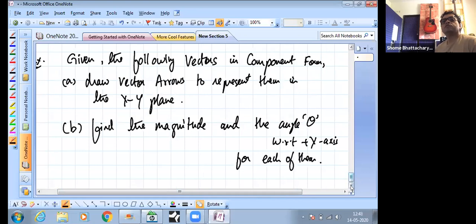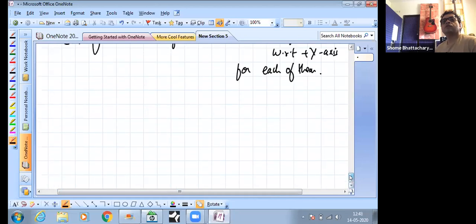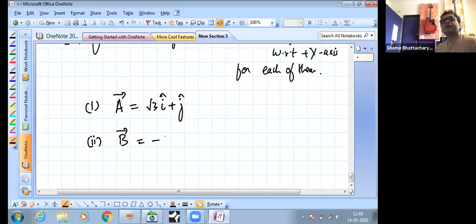Okay. So now I'm giving you the vectors. The vector E is root 3 I cap plus j cap. The vector B is minus 20 I cap plus 15 j cap. The vector C is minus 2 I cap minus 2 j cap.